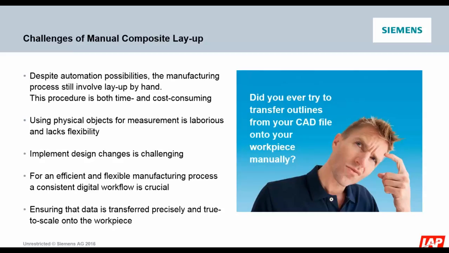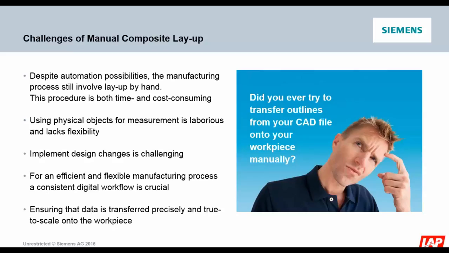To respond to the demand for an efficient and flexible manufacturing process, digital production tools and a consistent digital workflow are crucial. The precondition is that the laser projection data is available straight away from efficient tools like FiberSim, and that it is transferred precisely, fast and true to scale onto the workpiece.